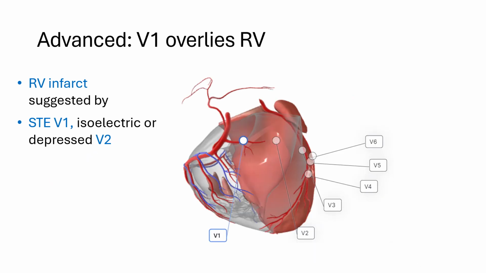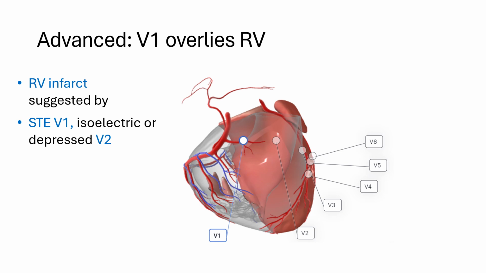Let's expand some on why you can see ST elevation in V1 and an isoelectric or depressed V2 in right ventricular infarct. This is a straight ahead view of the heart with the right ventricle transparent and the LV in color. You can see that the lead 1 overlies the RV here, which is why it can be elevated.